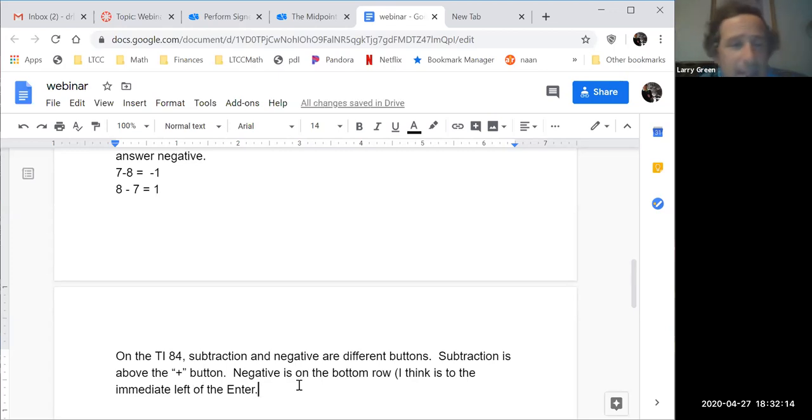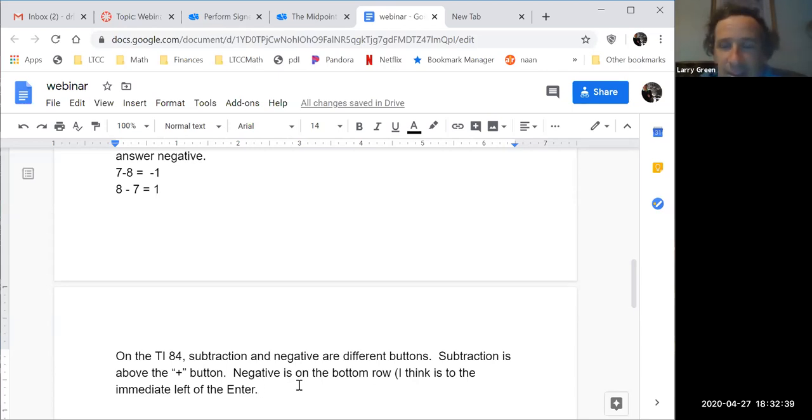Okay, so that's something that many students will come to me and say, well, why is my calculator broken? And I'd say 30–40% of the time, that's the problem right there. The calculator's not broken, but they're using a subtraction instead of a negative, and then it just says error. So that's just a note that this is not a math thing.